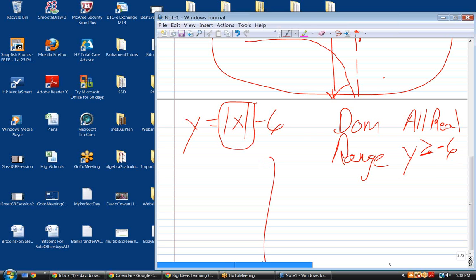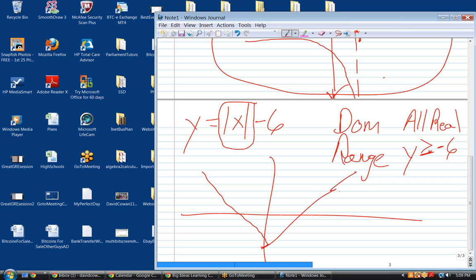And if I graph this, well, it's the absolute value function shifted down by 6 units. In other words, this represents a vertical shift down of the curve by 6. So I'm going to graph it like that.